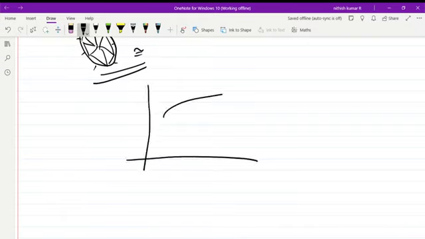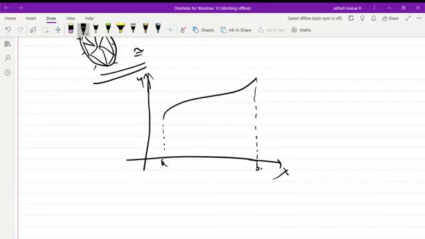So there's a curve. Say this is the x-axis and this is the y-axis. This is A and this is B. Now divide this AB into equal segments, say h is equal to (B minus A) divided by n.